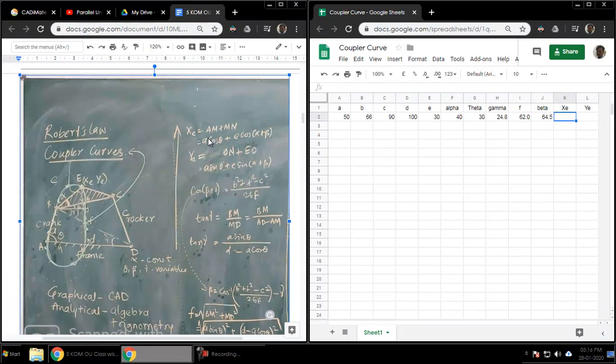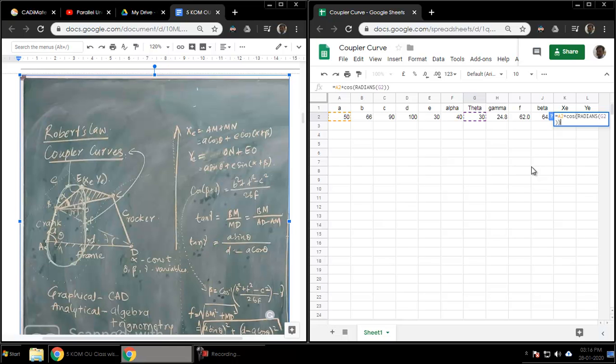Lastly, we'll have to find the value of xe and ye. So that's, I don't think it's going to be much more difficult. So I'll have to type a equal to, then a multiplied with the cos value. So after taking cos, of course, I'll have to convert this to radians, and the radian value of theta I'll have to take. Close the bracket for radian and close the bracket for cos.